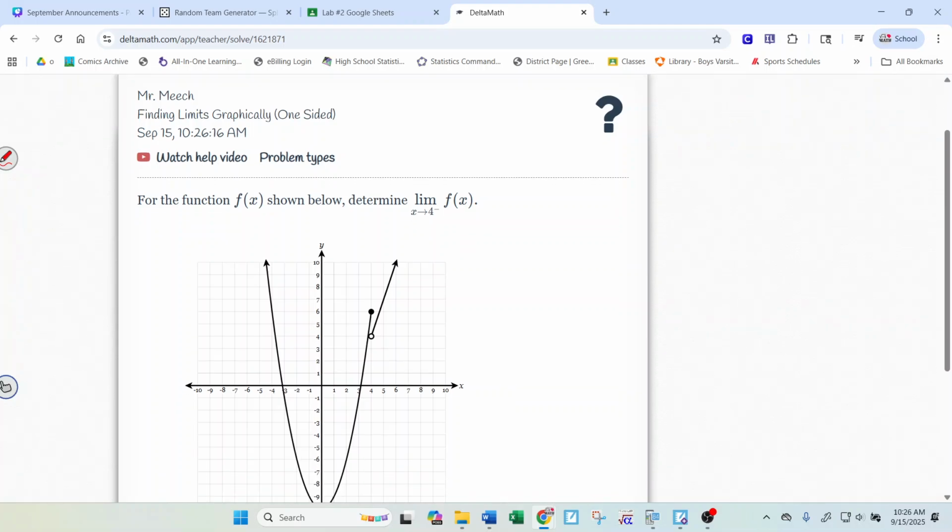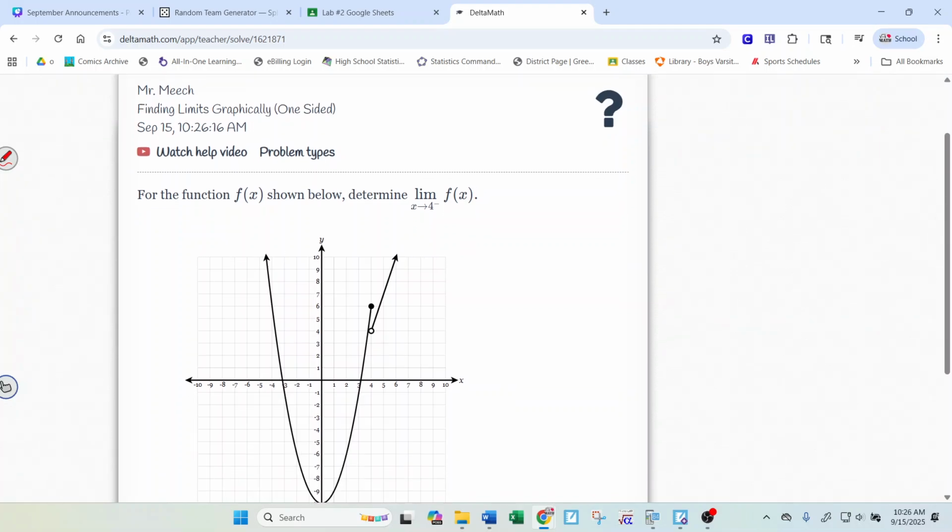What is the limit at 4 from the left? Is from the left the closed dot or the open dot? Which one's from the left? It would be the closed dot, so it'd be 6. Good.